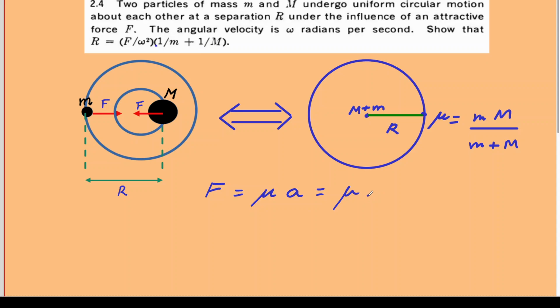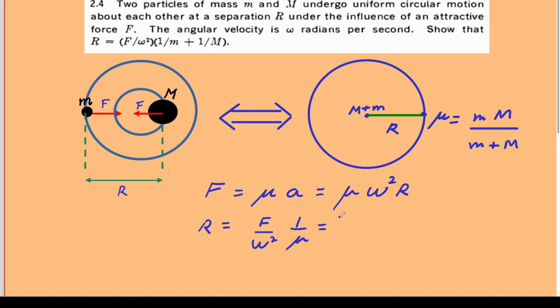And that can be written like this: omega squared times the radius, which is capital R. Okay, so then R equals what? F divided by omega squared and 1 over the reduced mass.